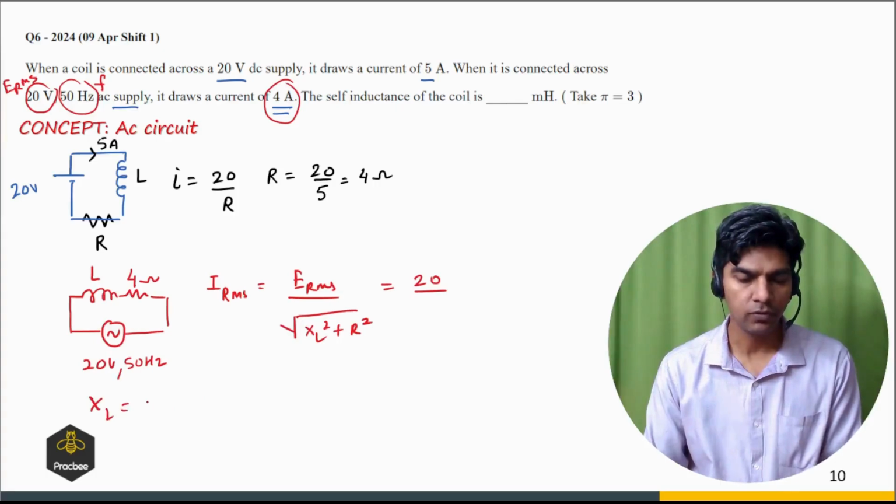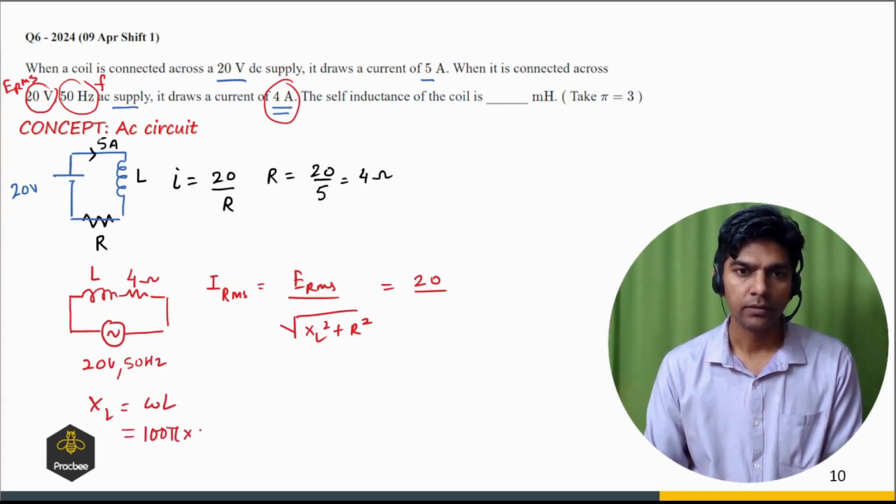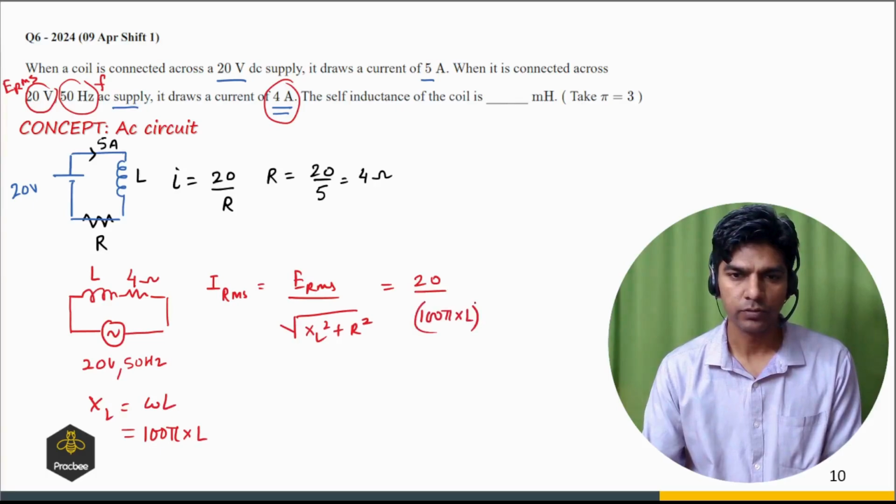XL will be omega times L. Omega will be 100 pi because frequency is 50 hertz, and L we have to calculate, right? So this will be root of (100 pi times L) square plus R square. R square will be 16, so root of that, and this is given as 4 amperes. So this will give us 5. Let us square on both sides.